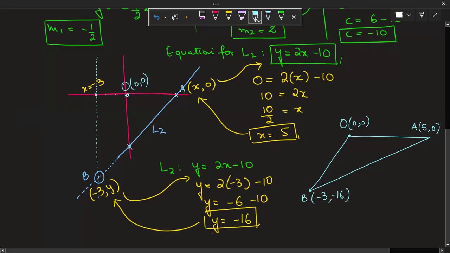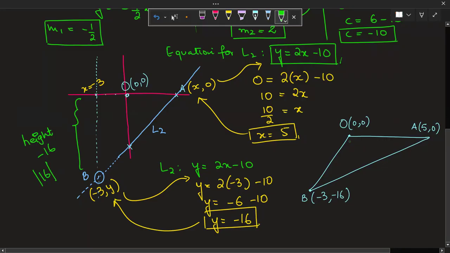Okay. And you can imagine, and you can even get the height of the triangle from here. Height is going to be from the x-axis away, right? So that's going to be minus 16. And when we are considering height, that has to be positive. So it's going to be 16 only.